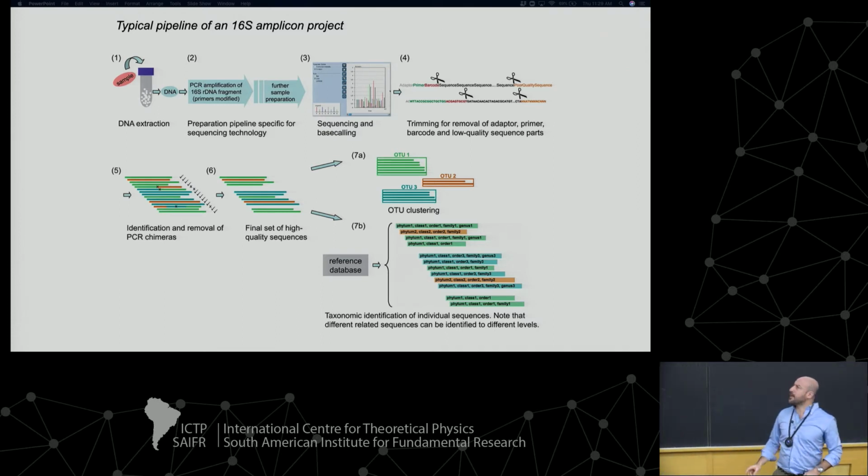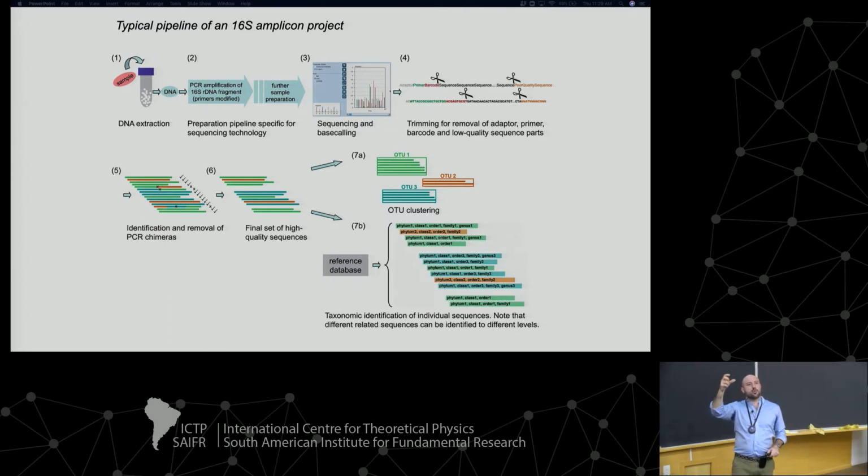Actually, I should mention that this 16S is connected to the ribosome. The ribosome is super well conserved evolutionarily across organisms, right? We all have ribosomes, otherwise we cannot make proteins and so on. So you can take the sequences and build a tree of life. That's how the tree of life is built for bacteria in most cases.